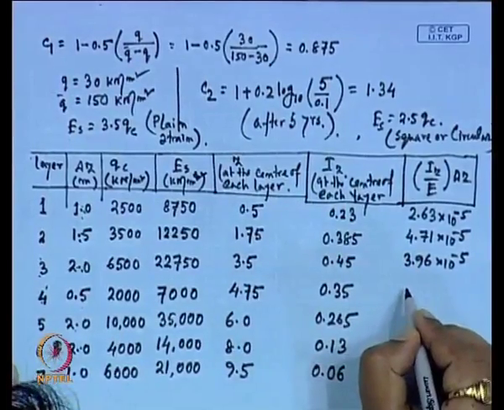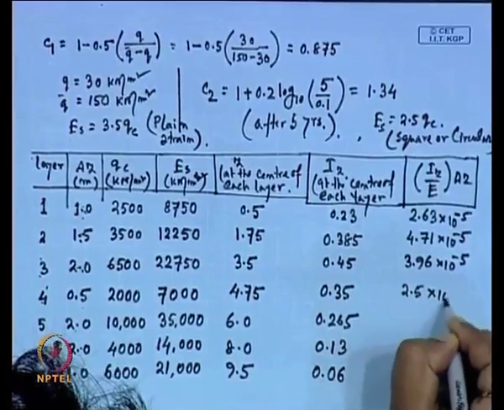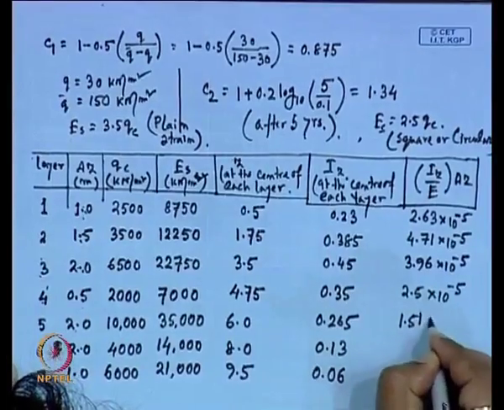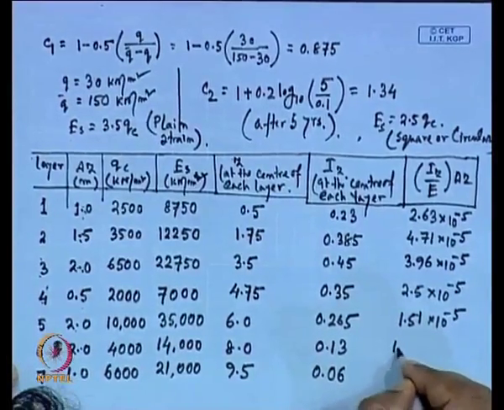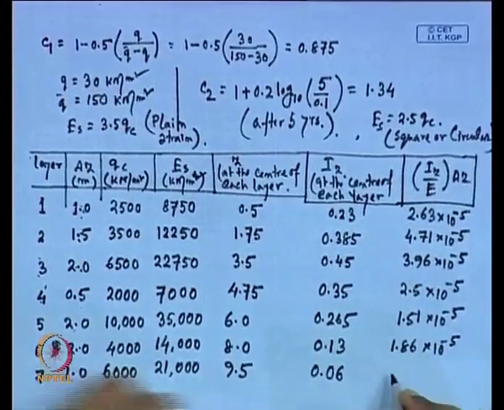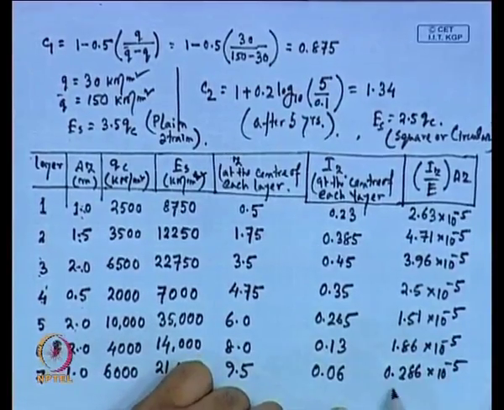Corresponding values are coming 2.5 into 10 to the power minus 5, 1.51 into 10 to the power minus 5, 1.86 into 10 to the power minus 5, and this is 286 into 10 to the power minus 5, 0.286 into 10 to the power minus 1.